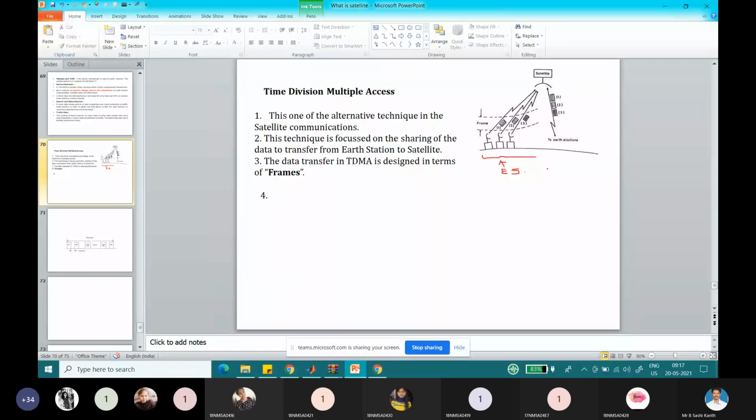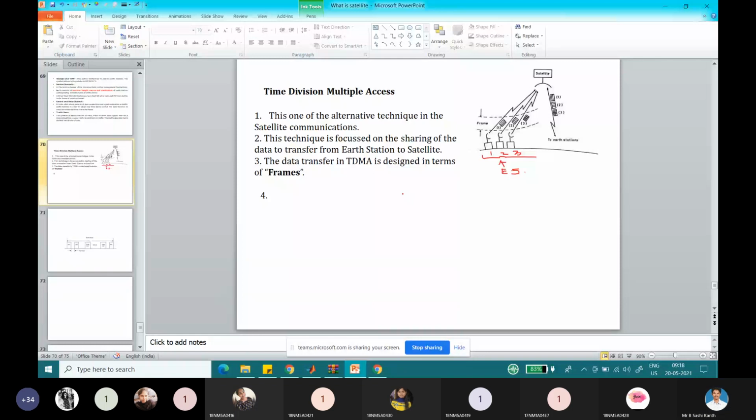First Earth station, second one, and this is your third one. Three Earth stations. Each Earth station will send the data in terms of frames to the satellite.